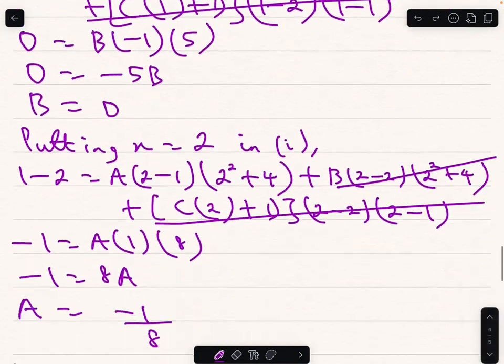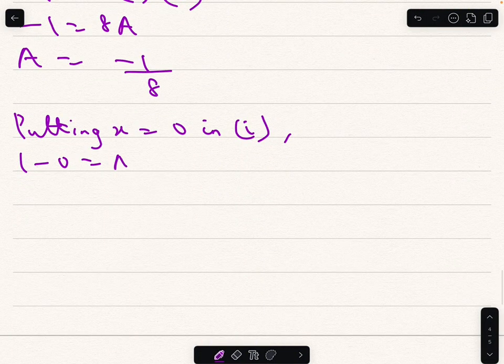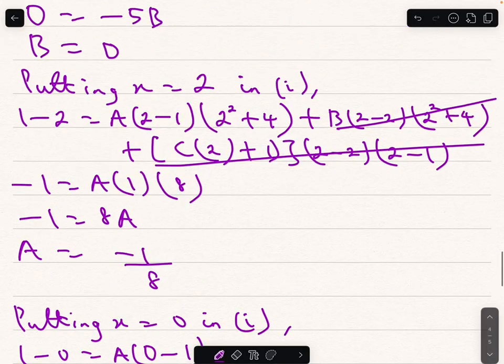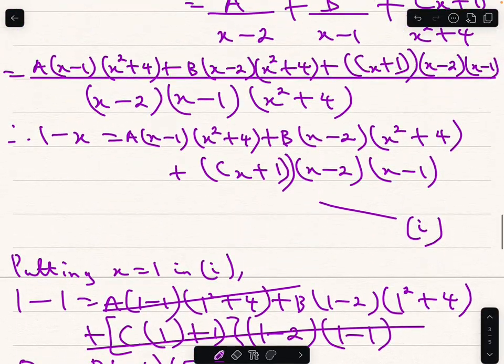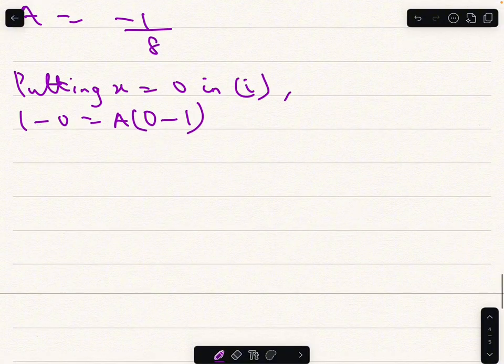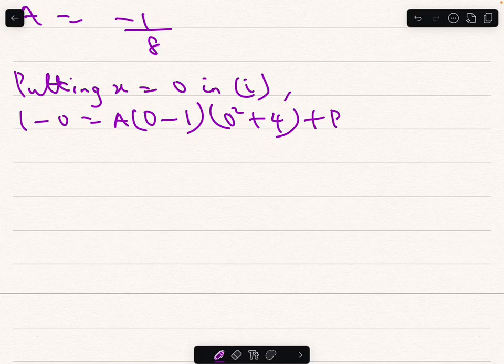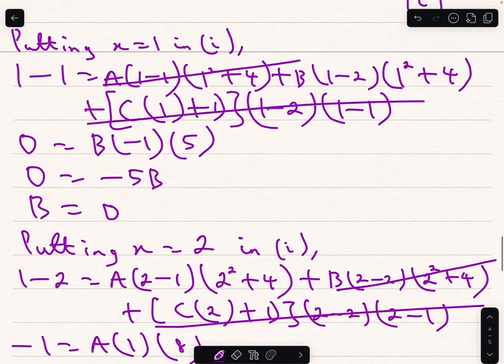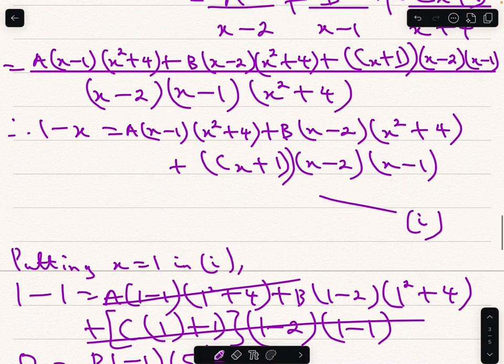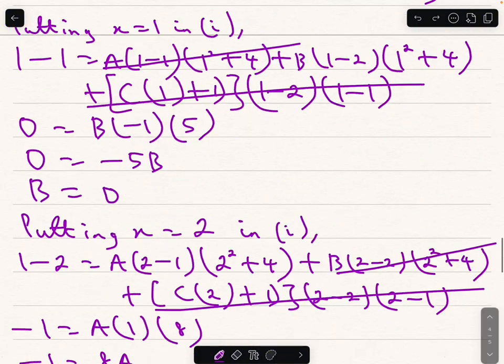That means 1 minus 0 equals a into bracket x minus 1, which means 0 minus 1, into bracket x squared plus 4, times 0 squared plus 4, plus b times x minus 2 times x squared plus 4.